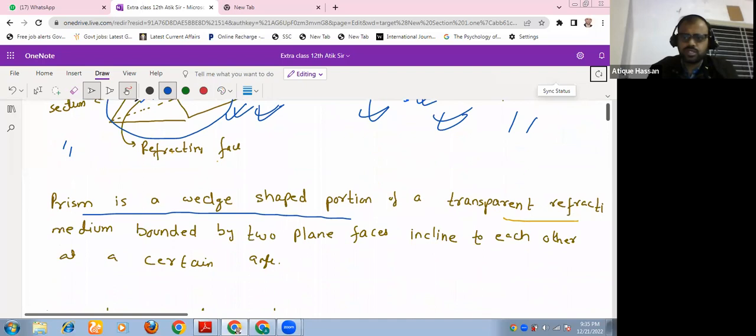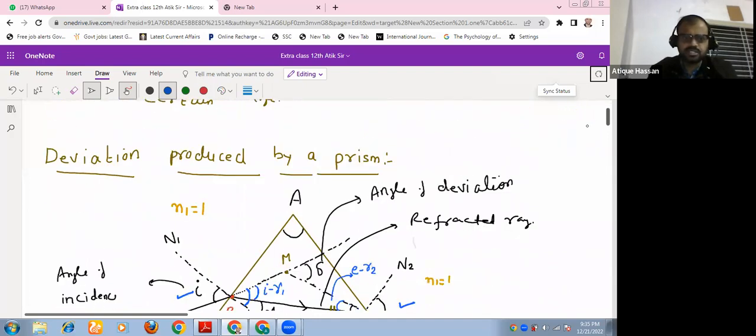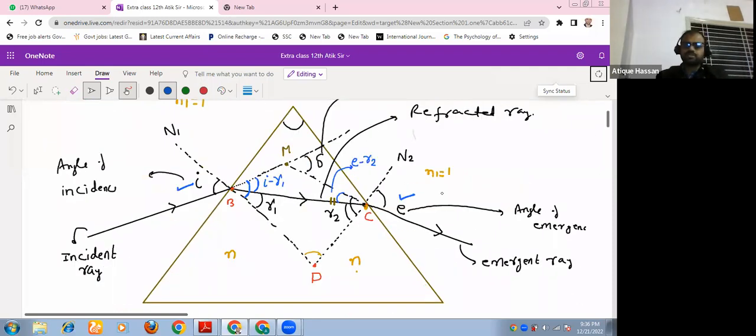Now, the very important thing is the deviation produced by the prism. When a light ray passes through a prism, it will not pass straight forward, right? It will obviously bend like this.